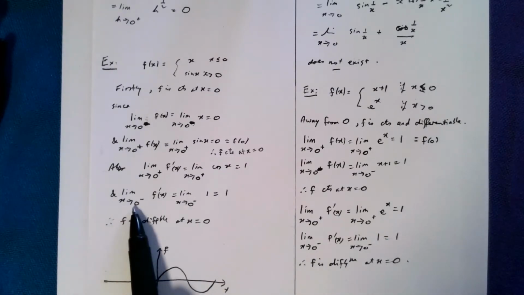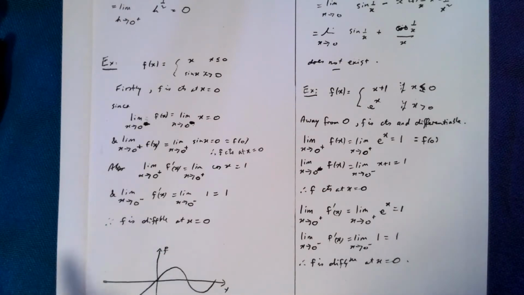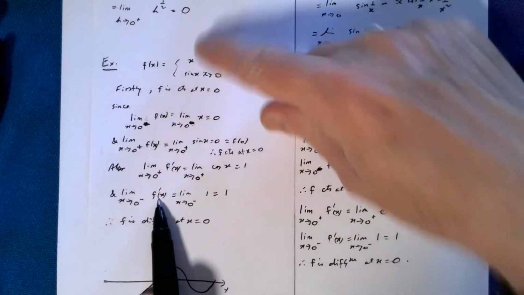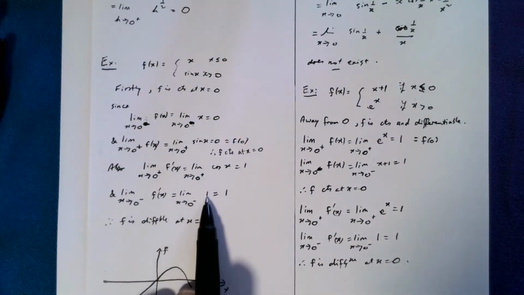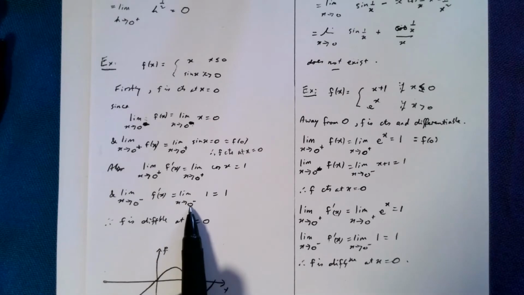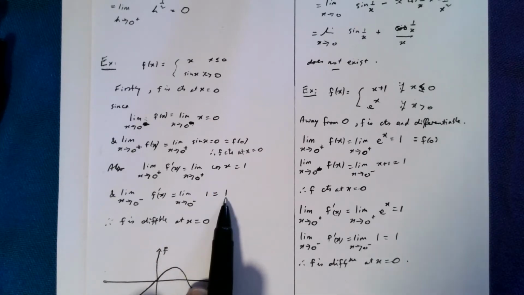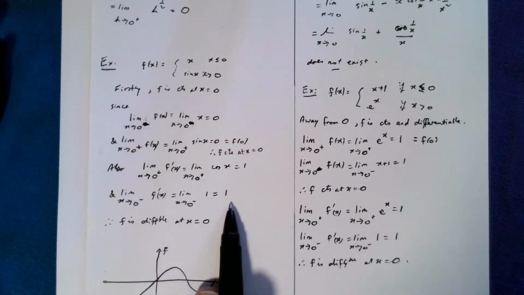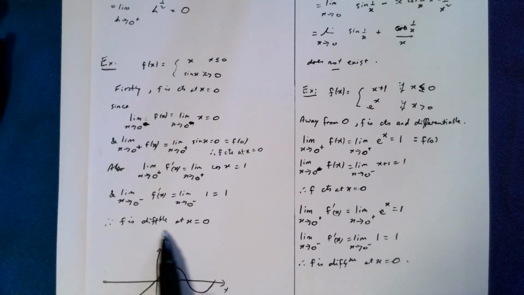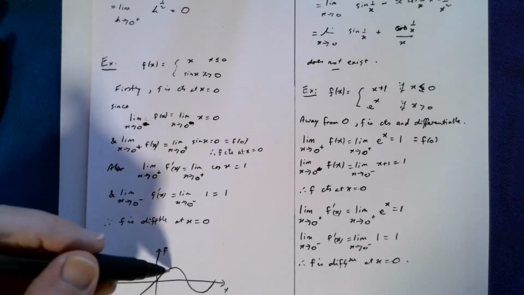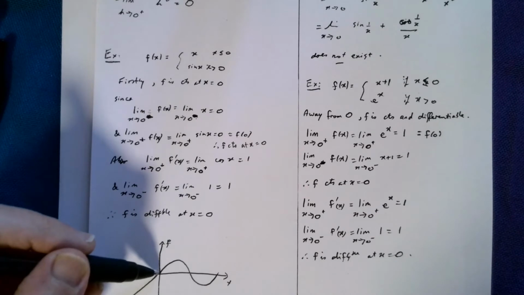As x goes to 0 from below, we're differentiating x, and the derivative of x is 1. So as x goes to 0 from below, the limit is 1, and these two agree with each other. So that means we can now conclude this function is differentiable at 0. Graphically, it means it glues together and is a nice smooth transition as you move from this curve to that curve.